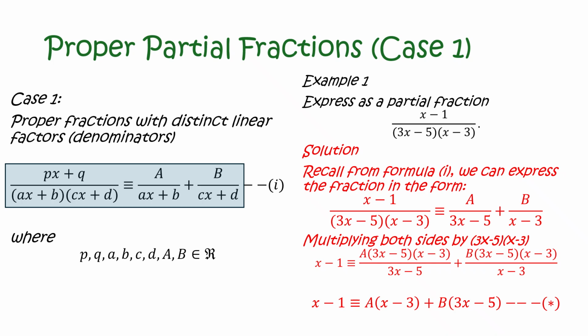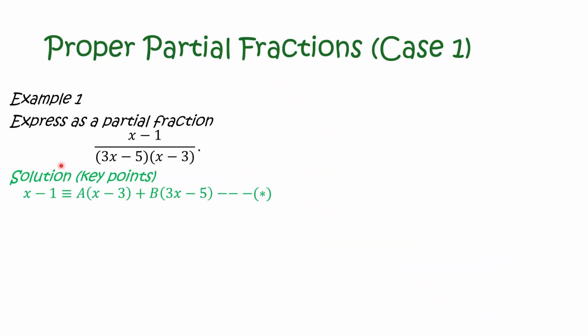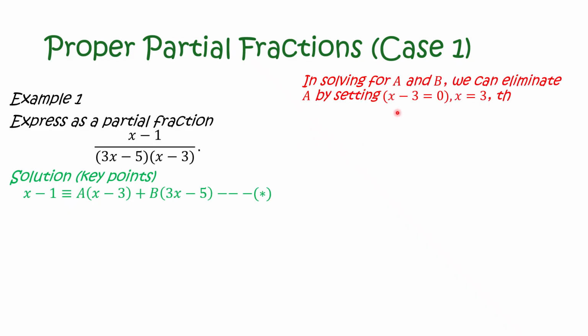Let's move on. What we have on the left-hand side is the question and the key point that we obtained from the previous page. Great, so we continue with our solution in red. In solving for A and B, we can eliminate A or B, but in our case, we start by eliminating A. We eliminate A by setting x equal to 3.